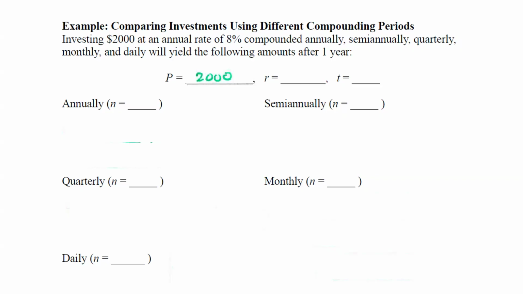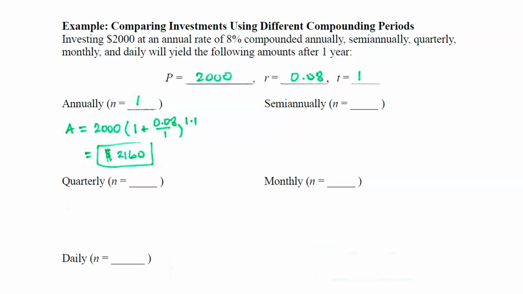Our R is our interest rate, so that's 0.08, and our time is 1 year. So annually, N here would be 1 because we're compounding 1 time per year if it's annually.